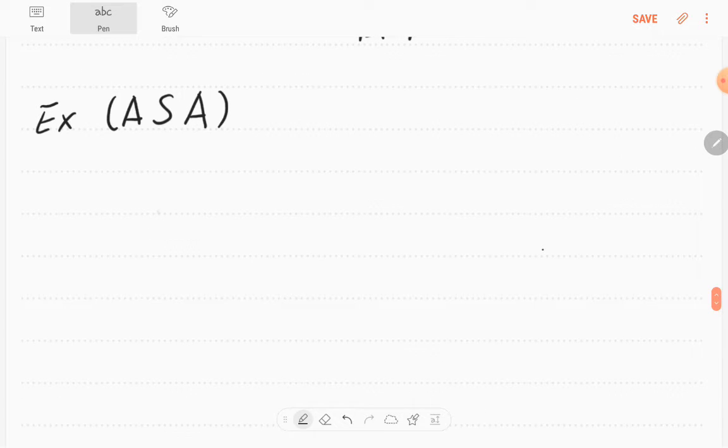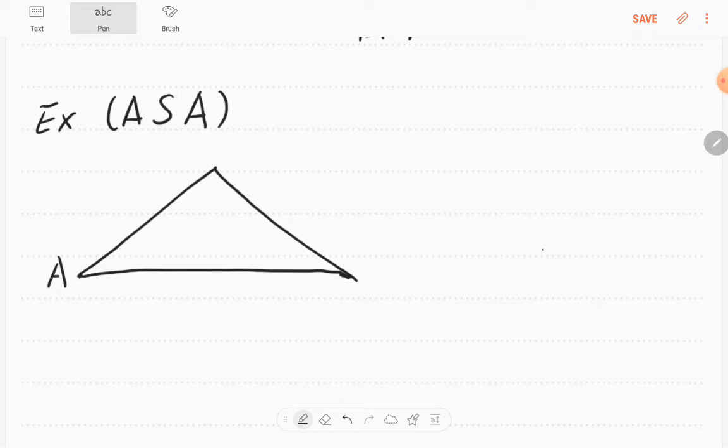So for example, for this problem, if you have a triangle, and this is angle A, angle B, and angle C. And we know angle A is equal to 46 degrees, and angle B is 20 degrees. This is side B, this is side C, and we know the side between angle A and angle B, which is side C. This is 65 units.